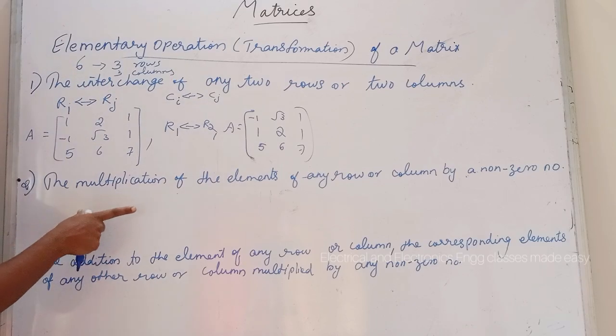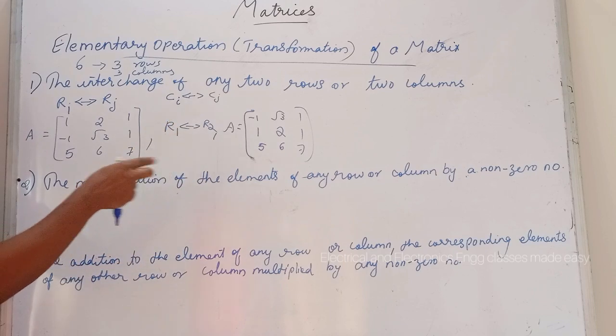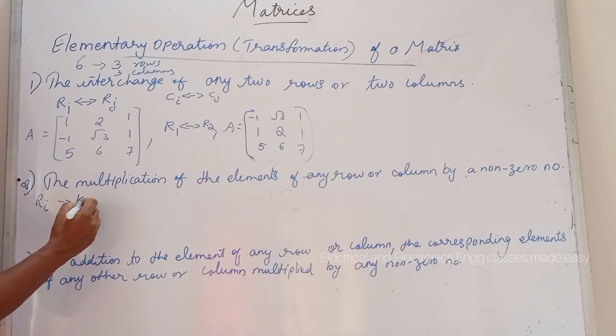Next one is the multiplication of the elements of any row or column by a non-zero number. So we can represent it like this, that is Ri is changed as k into Ri.